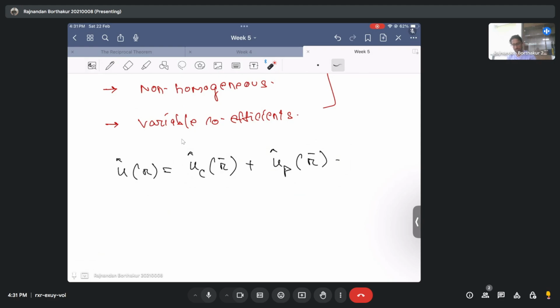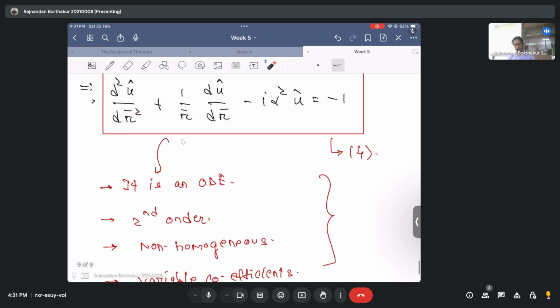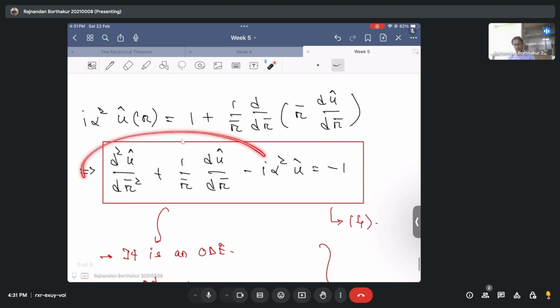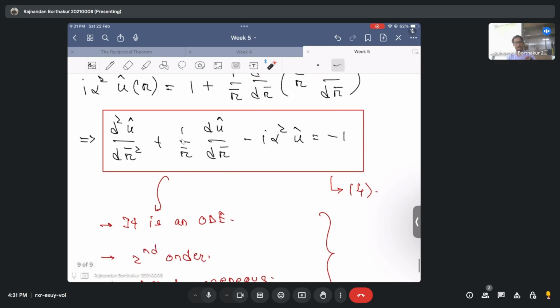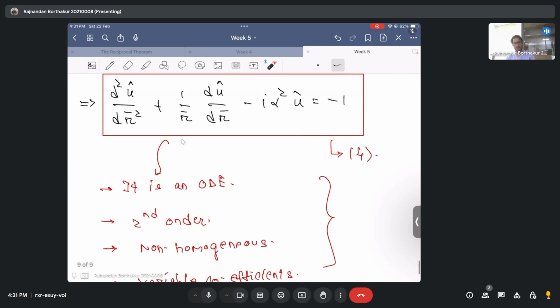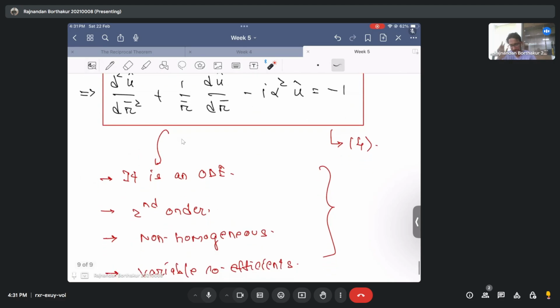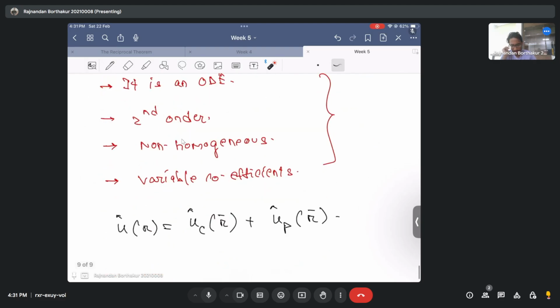So first of all, let's have a look at this particular integral. You know that the particular integral satisfies the entire governing equation. There are very standard ways of calculating the particular integral. I just forgot the name, but there is a standard method which you can look into in any book.